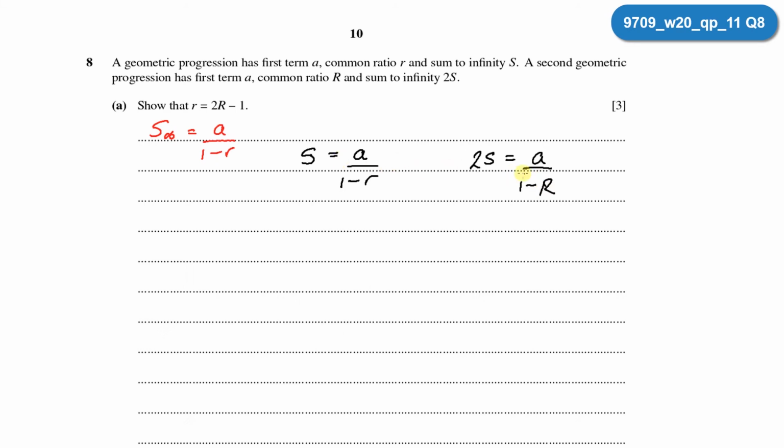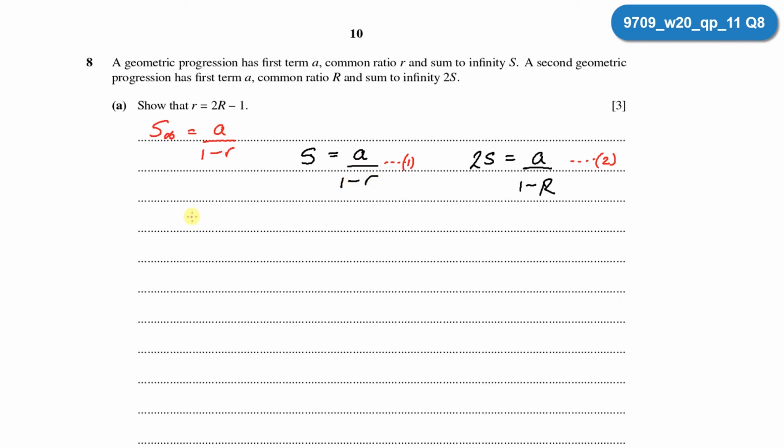So we now have these two equations. They want us to show that r is equal to 2R minus 1. I'm going to substitute the first equation into the second, so in place of s in the second equation, I put a over 1 minus r.